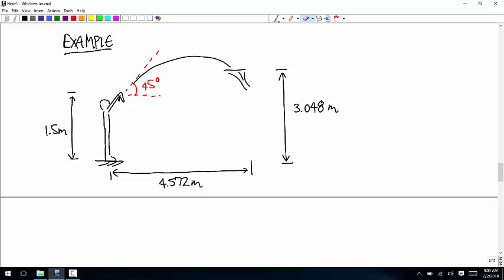So first, what's the required speed that the ball has to be released at to go in the basket?